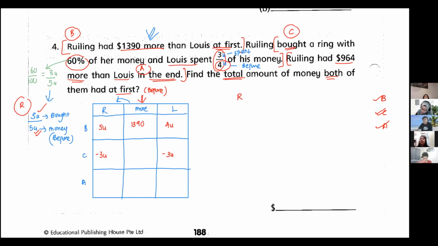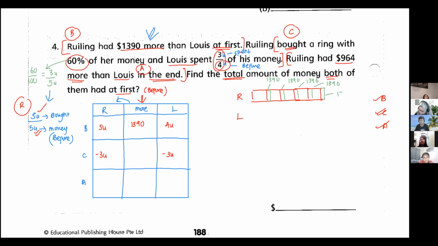Let's say this is Ruiling and this is Louis. Ruiling has 5 units. 1, 2, 3, 4, 5. For every 5 units that she has, she will have 1390 more. She will always have an extra 1390 like this.